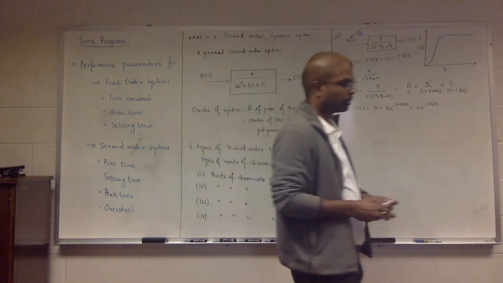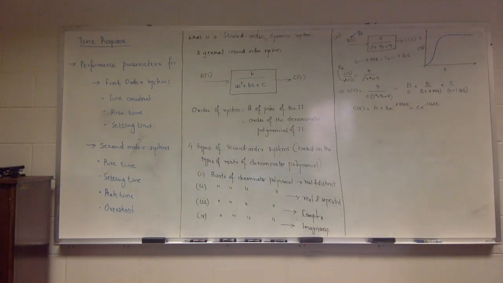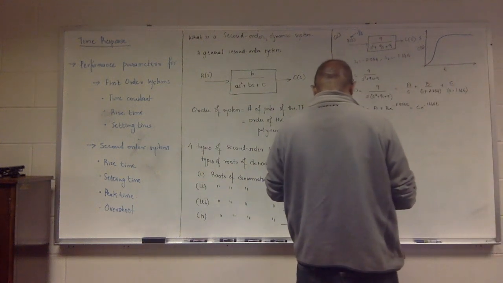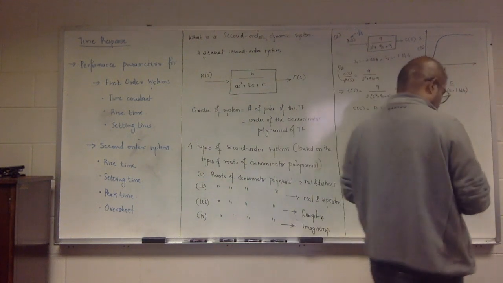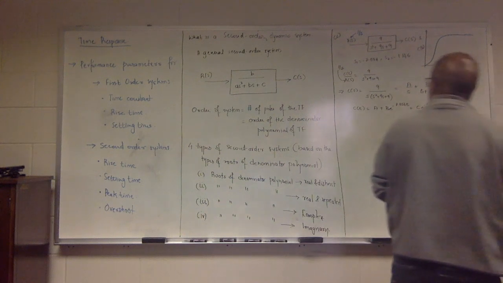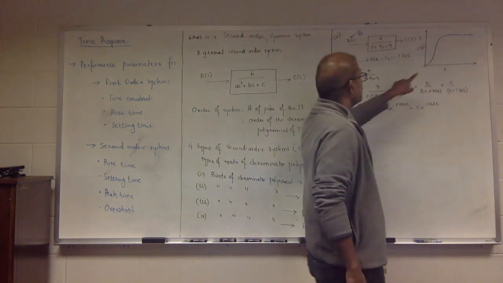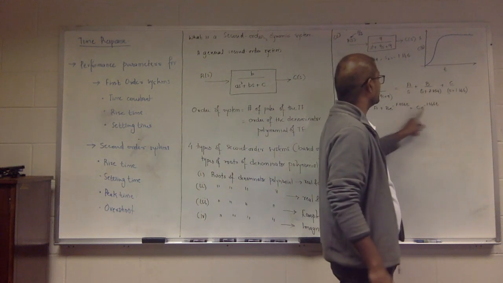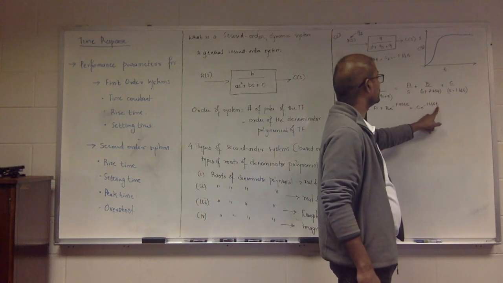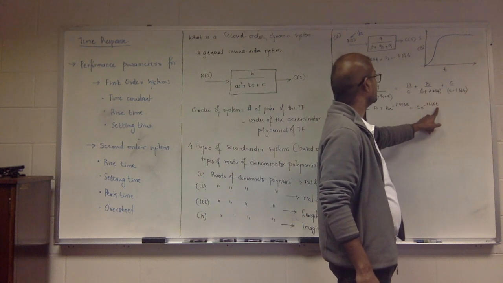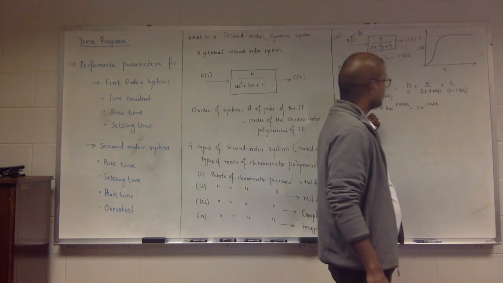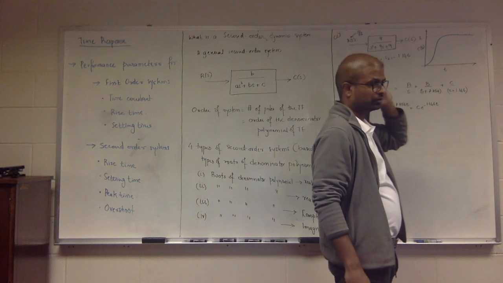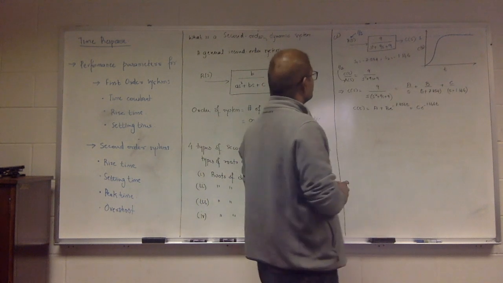What I have done here is input values for t, starting from 0, 1, 2, 3, 4, whatever you want, and plotted the corresponding output. It will look like that.